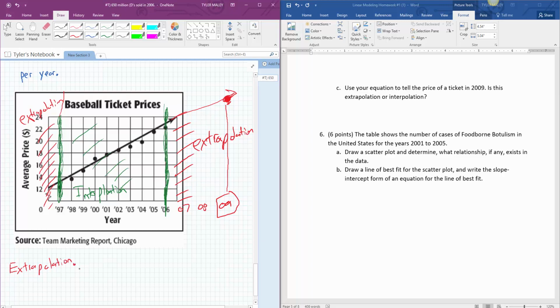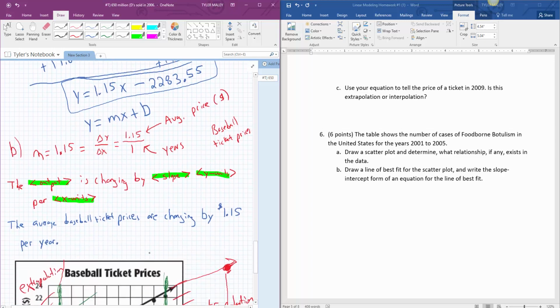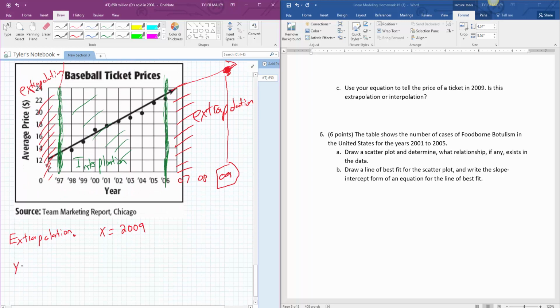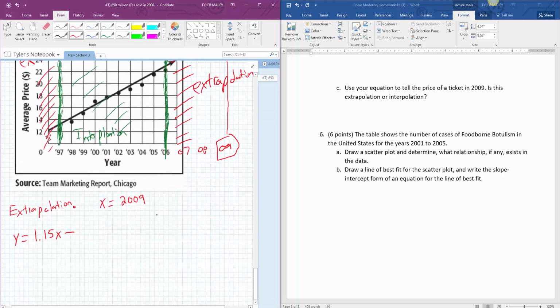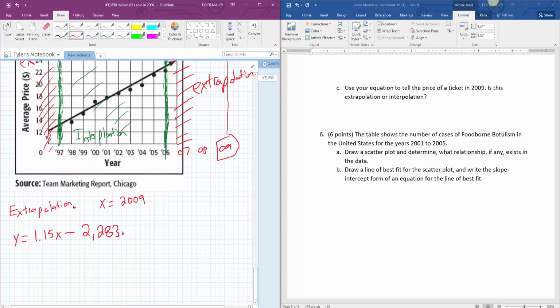And then we're going to use our equation to find the y value for an x value of 2009. So let me grab my equation. We had y equals 1.15x minus 2,283.55.